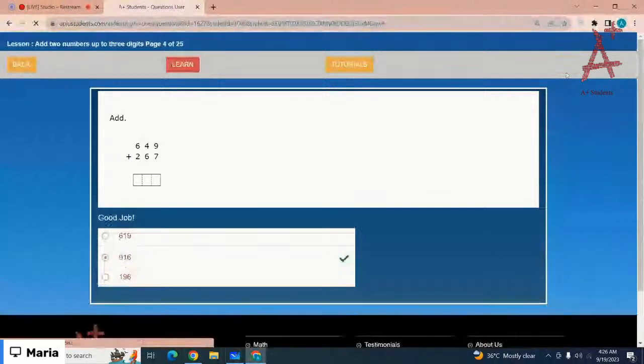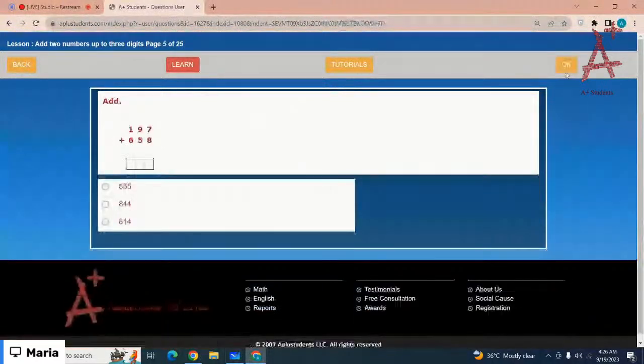Okay, the next one is 197 plus 658. So which is the correct option? Which option is the correct one?